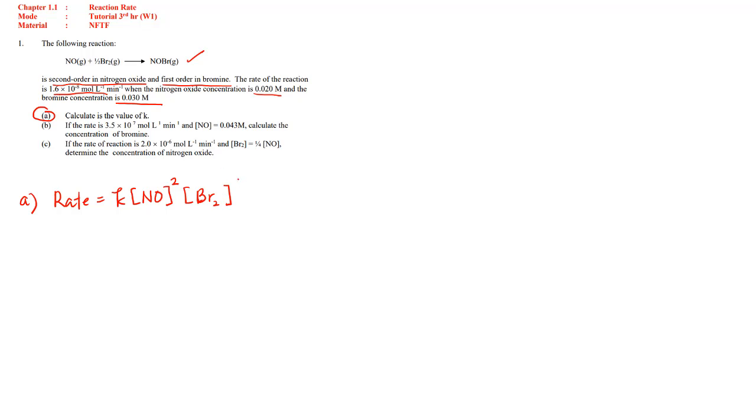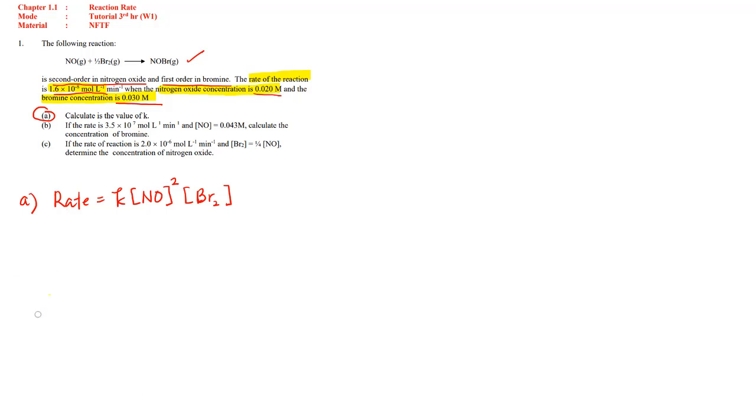Since bromine is first order, there is no need to write the power of 1 here. Okay, so now we want to find the rate constant K. Given to you is the rate of the reaction, which is 1.6 times 10 to the power of negative 8. This is the nitrogen oxide concentration, and the concentration of bromine is 0.030 molar. So to calculate K, we substitute into the rate law equation.